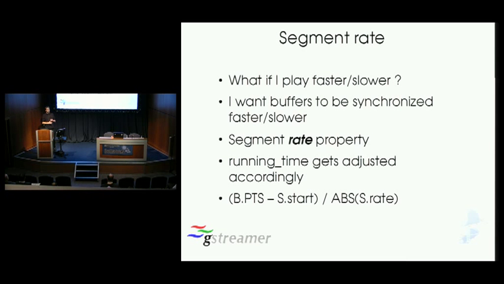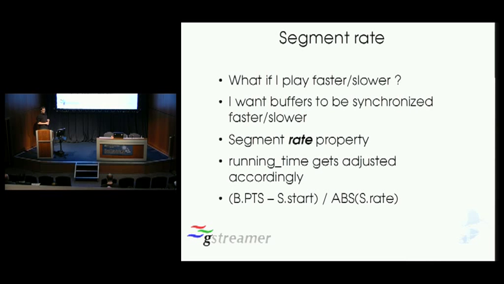I could, in the element, modify my timestamps. But we could avoid that, because there's just a simple formula, and we can just delegate that to elements that actually want to do synchronization.